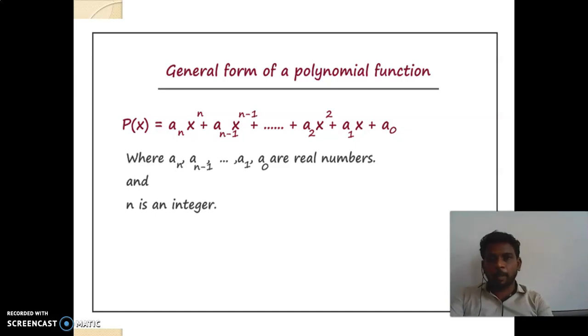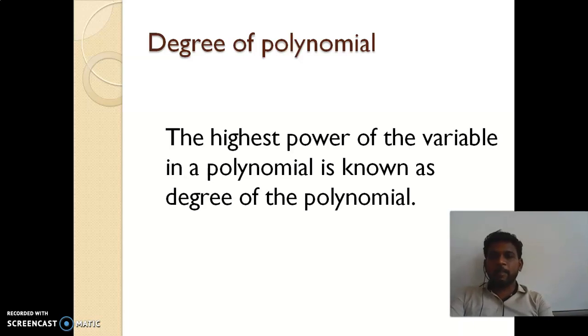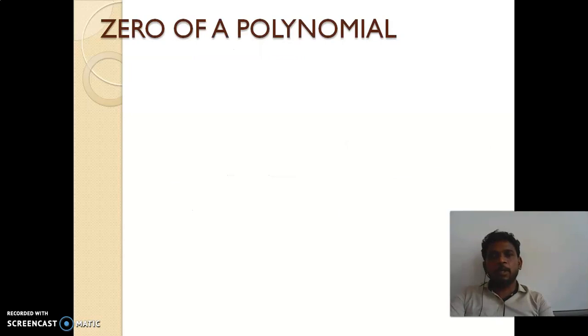By checking the power of the variables. If the powers of the variables are all whole numbers, then that expression is said to be a polynomial, otherwise not. And the degree of the polynomial is nothing but the highest power of the variable in a polynomial.